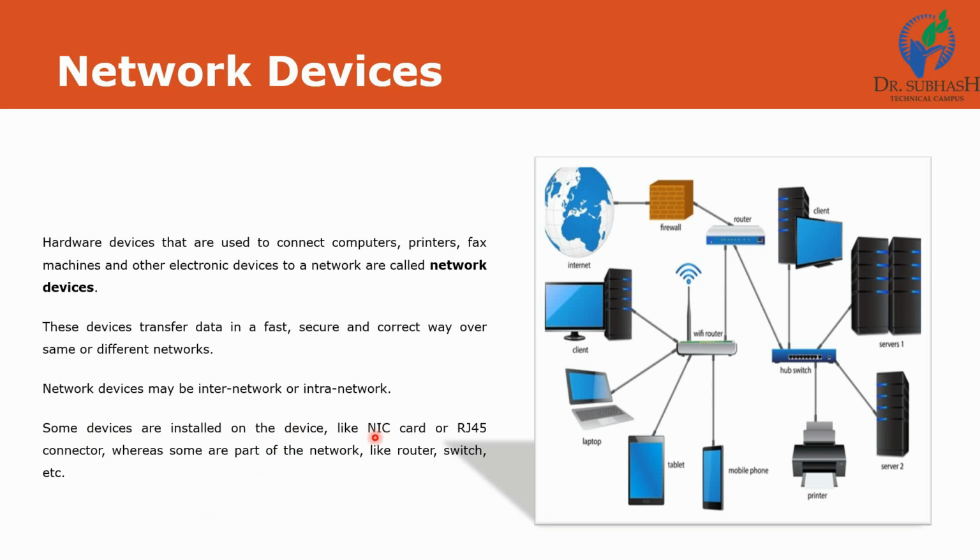Suppose the NIC card, Network Interface Card, is mounted on the motherboard, as well as the RJ45 connector that is used to connect your computer with the Ethernet cable, whereas router, switch, hub, these devices work in the external area.